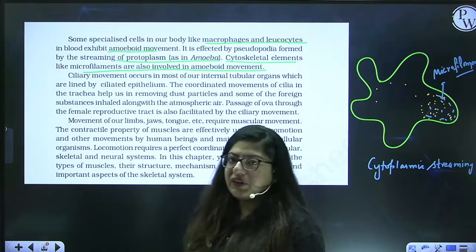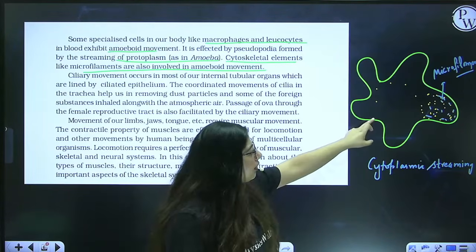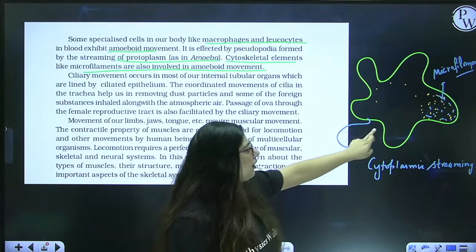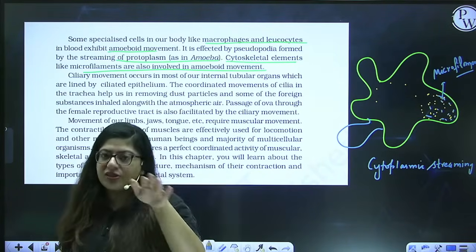First it will form the foot here. Now if it has to move in this direction, it can also form a foot in this direction. So this is how your WBCs also walk, just like amoeba.